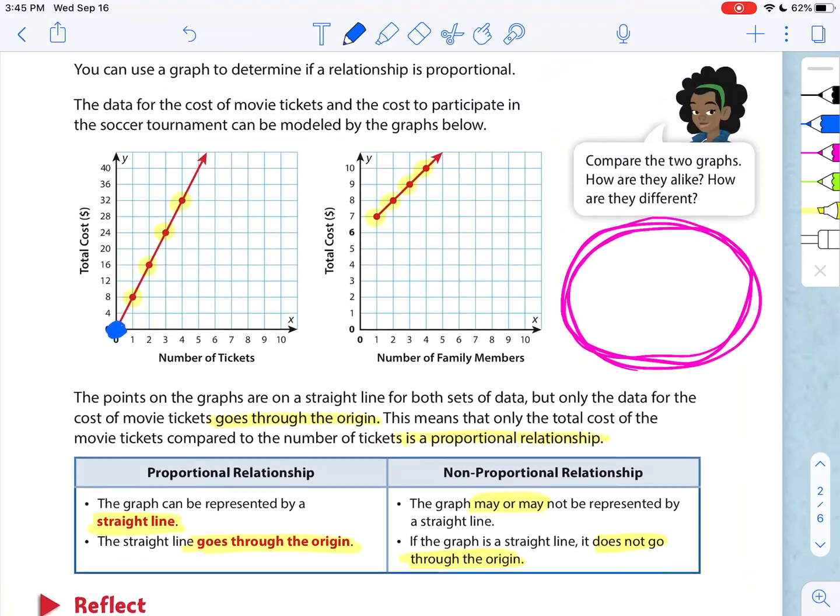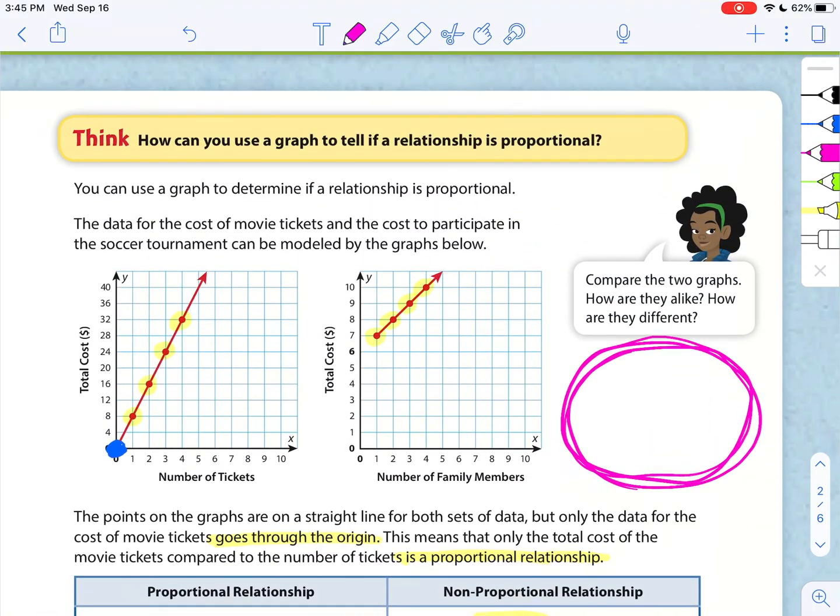You could also take a look at the graph, and I'm going to go back up to that graph, and we can see 5 movie tickets go up to where our line is and see that it meets our line at $40.